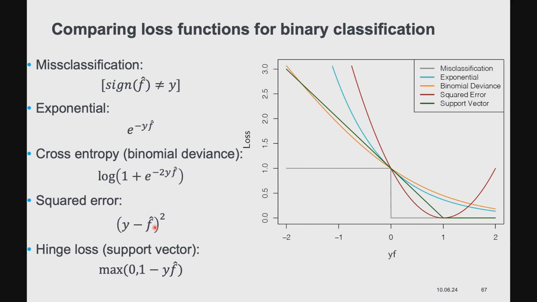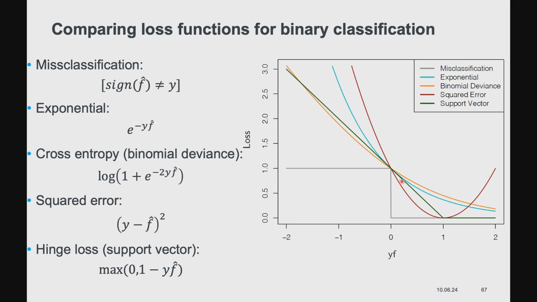So it's basically minimal when f hat is also exactly 1. But once f hat becomes larger, so is more decisive, then the squared error gets worse again. So this is the reason that the squared error is not a good loss function for classification. Because when you make a very large f hat prediction, this should point towards the +1 class. But here with the squared error, you would punish this very large prediction, this very decisive prediction.